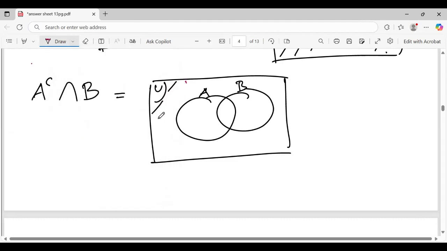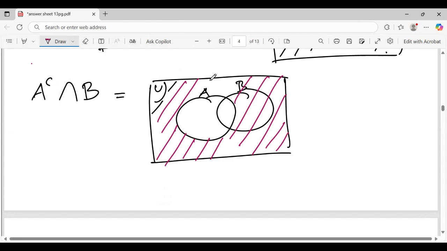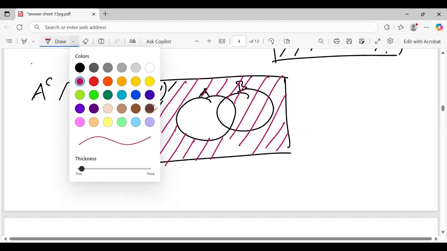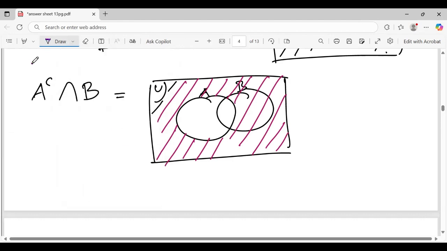Okay, it's the area not including A. All right. Now we're going to shade the area not including B. Sorry, A complement first. Yeah.